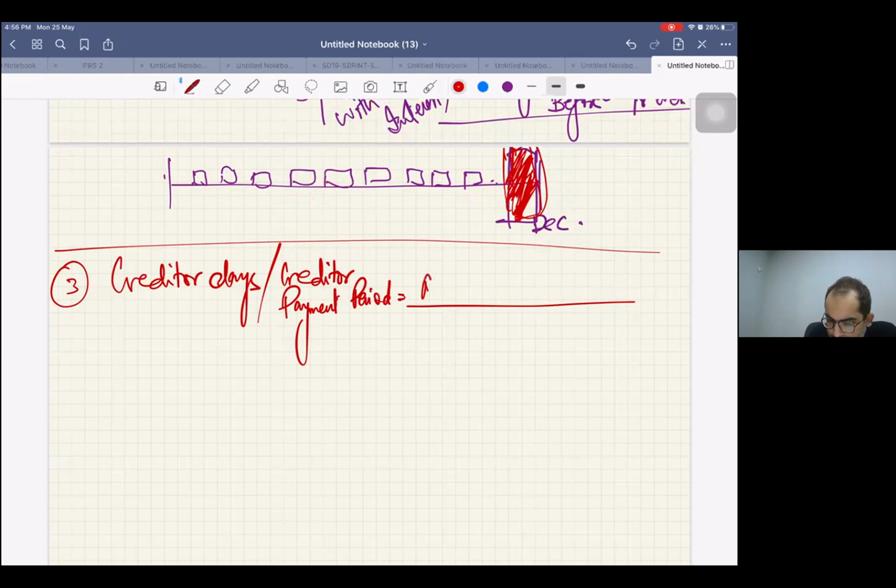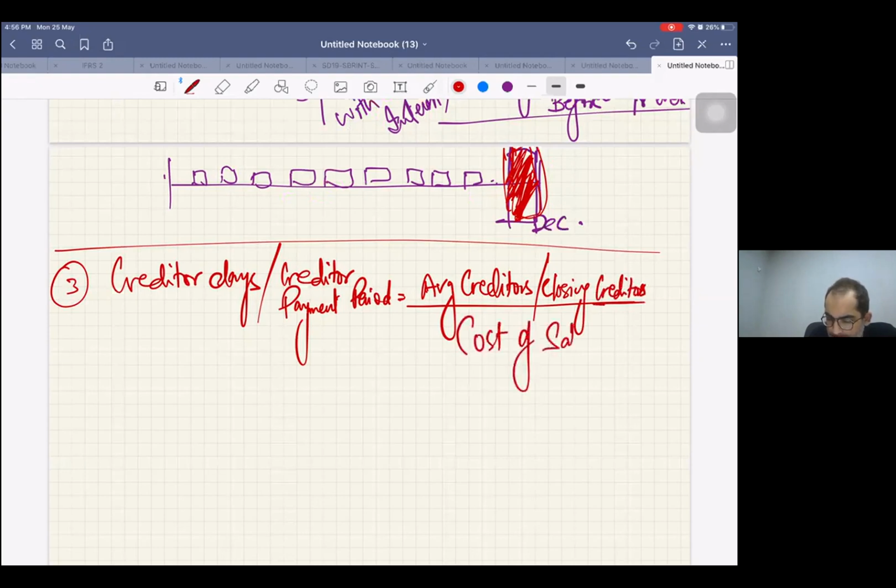It is average creditors, or closing creditors, sorry, divided by cost of sales, times 365. Okay, this is the formula: average creditors or closing creditors divided by cost of sales times 365.